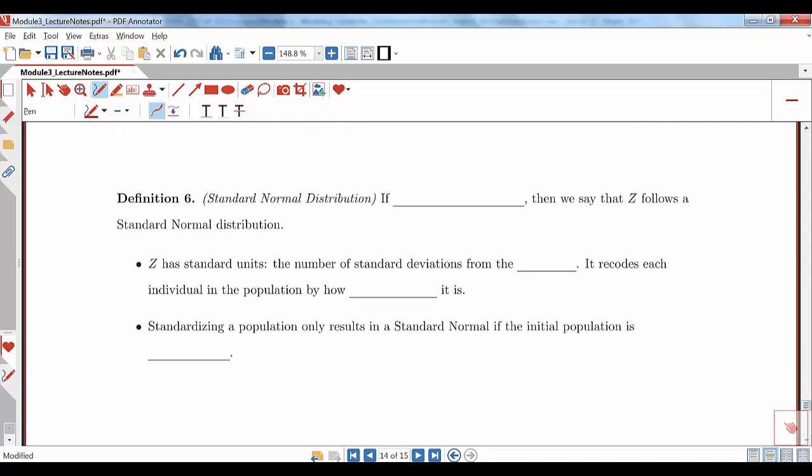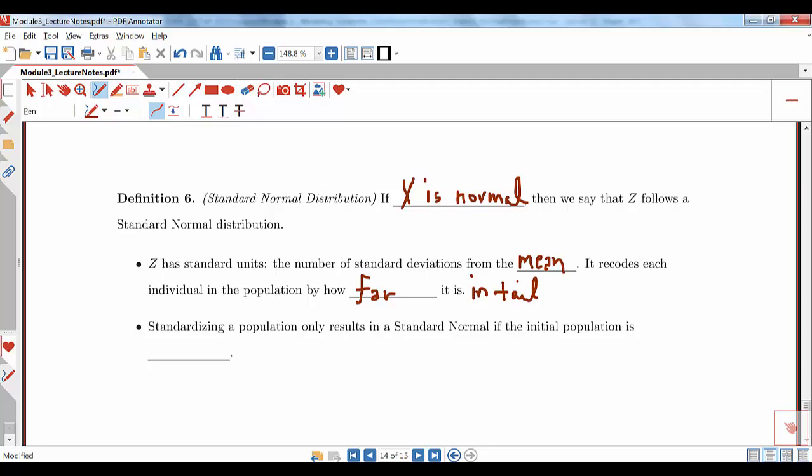If x is normal, then when we standardize it, we still get a normal. Z has standard units, the number of standard deviations from the mean, and it recodes each value in the population by how far it is in the tail of the distribution.